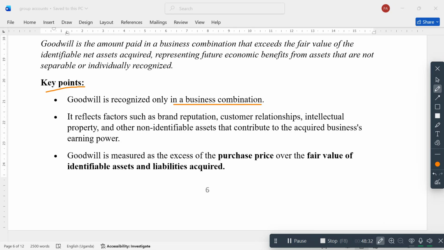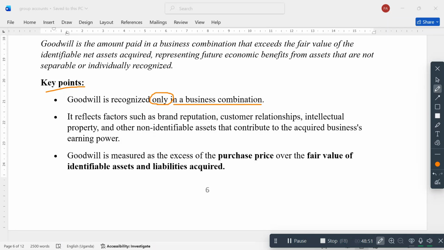Remember I said this business combination arises as a result of purchase or acquisition of another company. Now as you are purchasing, you may pay a lot more money than the actual asset you are paying for. That's why we say it is recognized only under business combination.